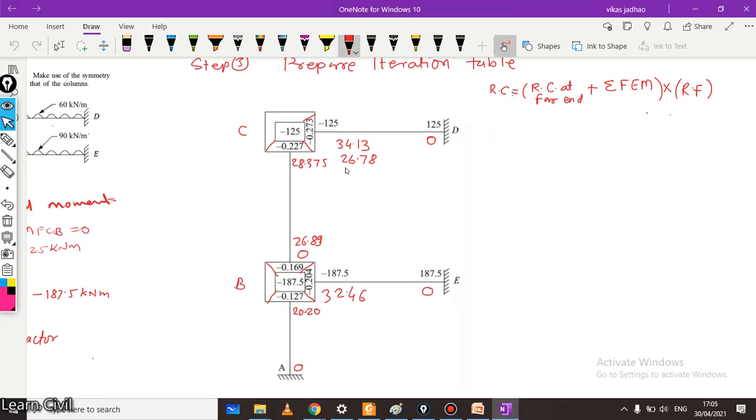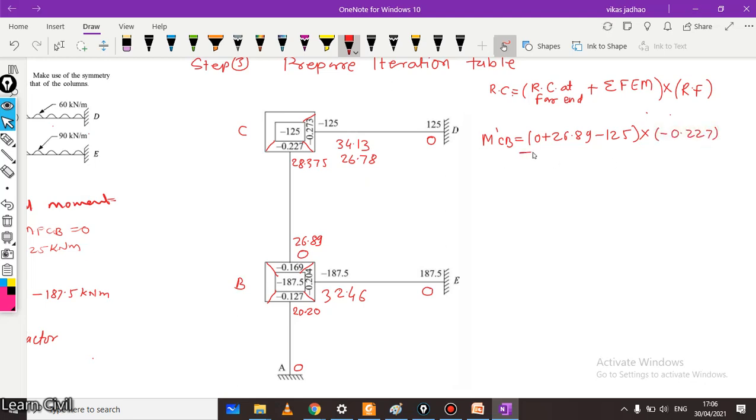Now we'll calculate the rotation contribution for CB. That will be M dash CB, equal to rotation contribution at far end, that is 0 plus 26.89, plus fixed end moment at joint C, that is minus 125, into rotation factor for CB, that is minus 0.227.